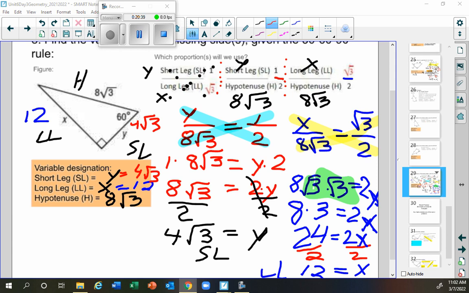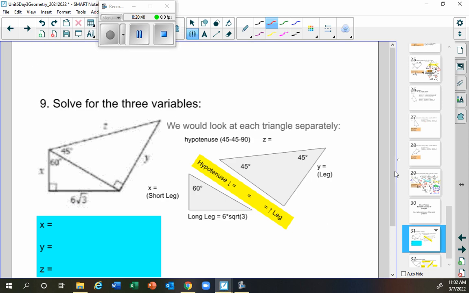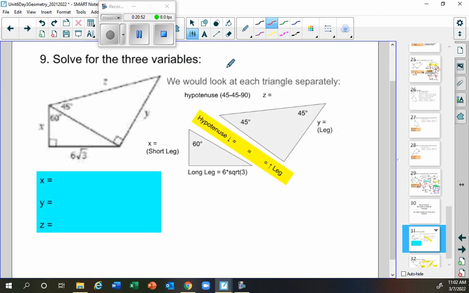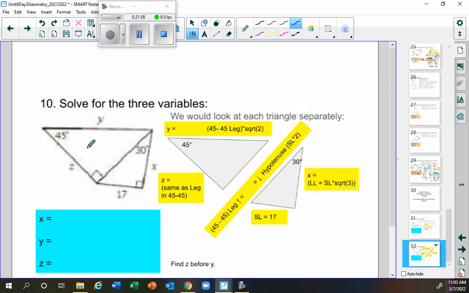So what we're going to do now, during our last little bit of time, I want to talk about this problem, because I think these are one of the two that we either did that one or the other.